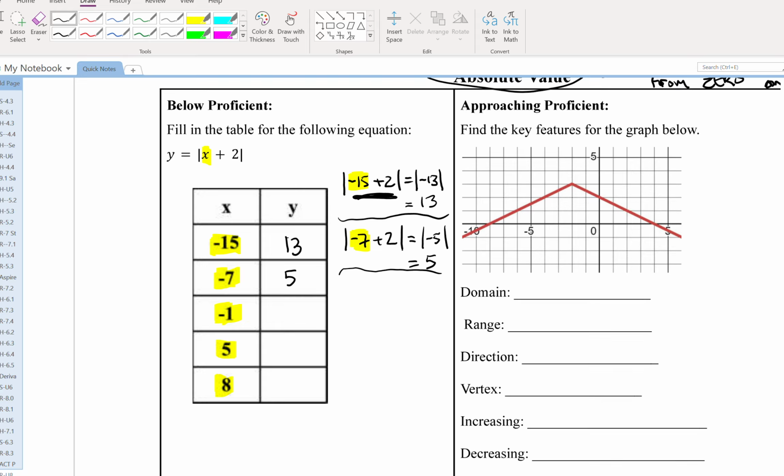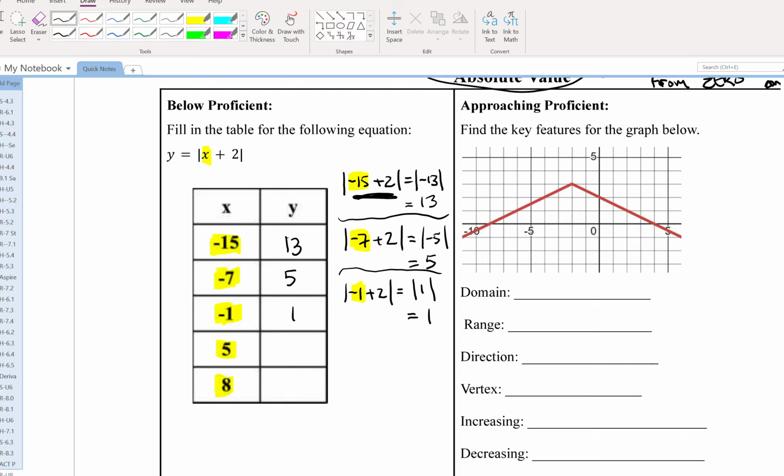So absolute value of negative 1 plus 2. Again, negative 1 is the value I put in there for x. And so negative 1 plus 2, that's 1. Absolute value of 1 is 1. Always positive.